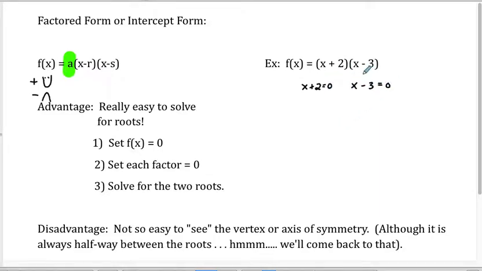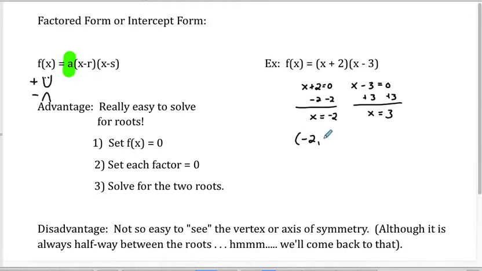We set each factor equal to 0, because y would be 0 here, and then evaluate. So here x would be -2, and on this side it would be +3. As long as the coefficient of x is 1, we're just switching the sign for these roots. So we can very easily find 2 points of this parabola.